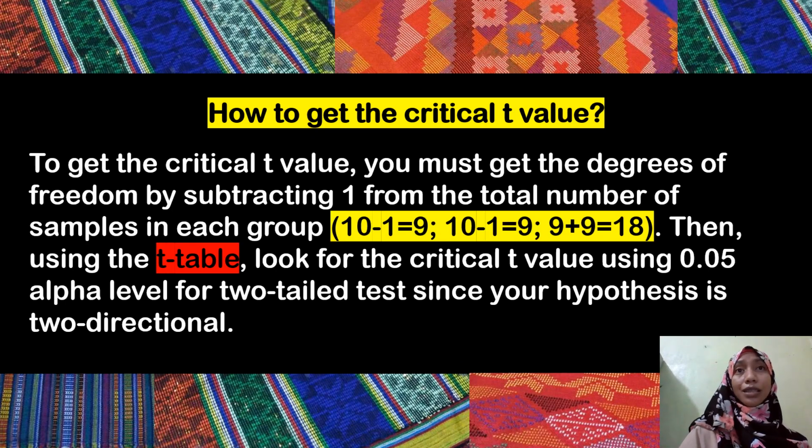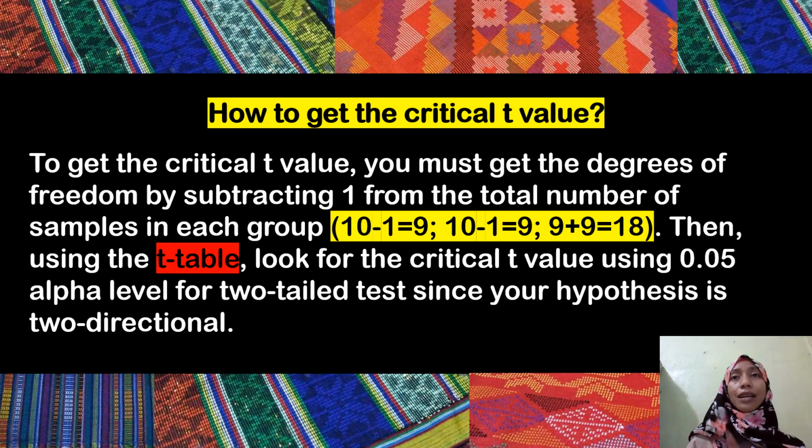To get the critical t-value, you must get the degree of freedom by subtracting 1 from the total number of samples in each group. So our number of samples for each group is 10. So we subtract 1 from each group. That is 10 minus 1 is equal to 9 for group A, or the group of chickens fed with brown algae, and then 10 minus 1 is equal to 9 for group B, or the control group, the chickens fed with the usual chicken feed.